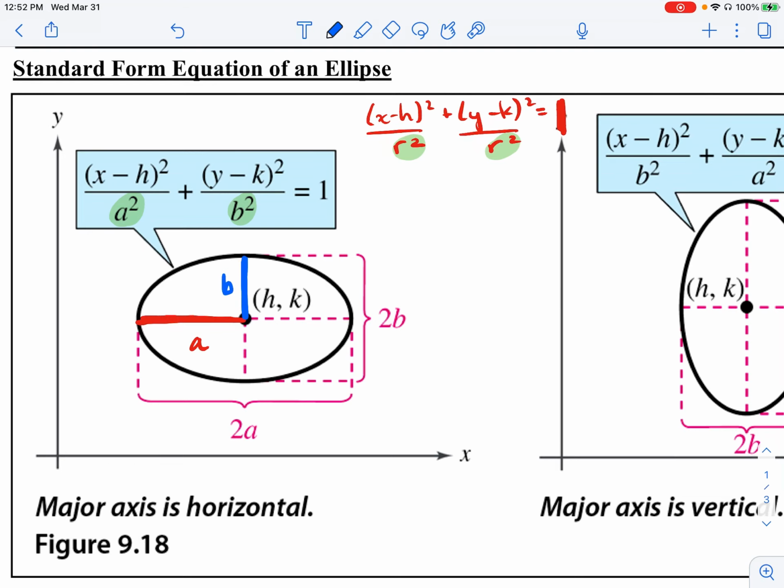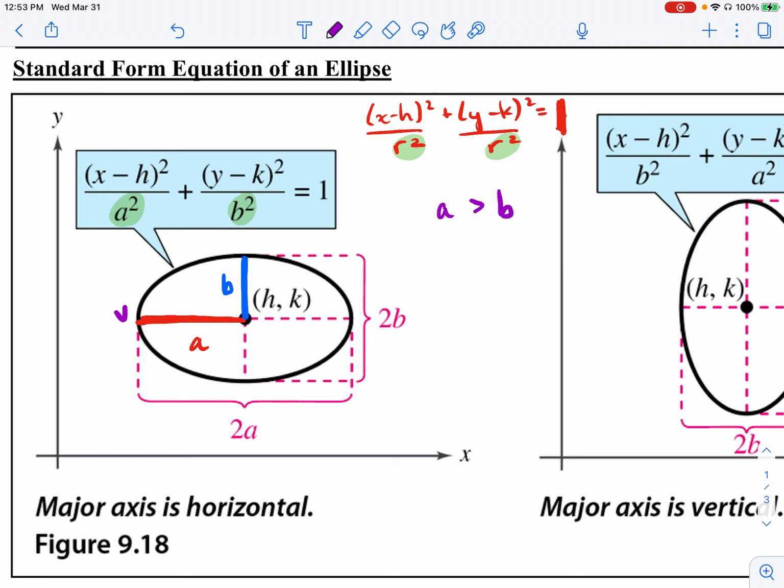One of the biggest distinctions that I can make here is about A and B. It's important to remember that A always represents the distance from the center to your vertex right over here. So A always lies on the major axis, and A is always the larger value.